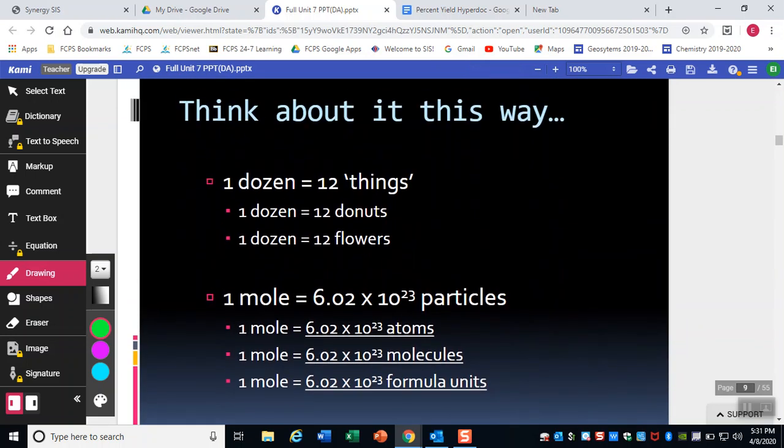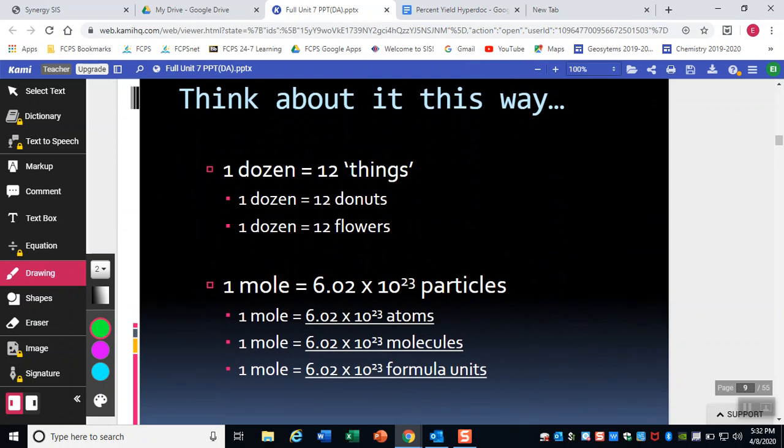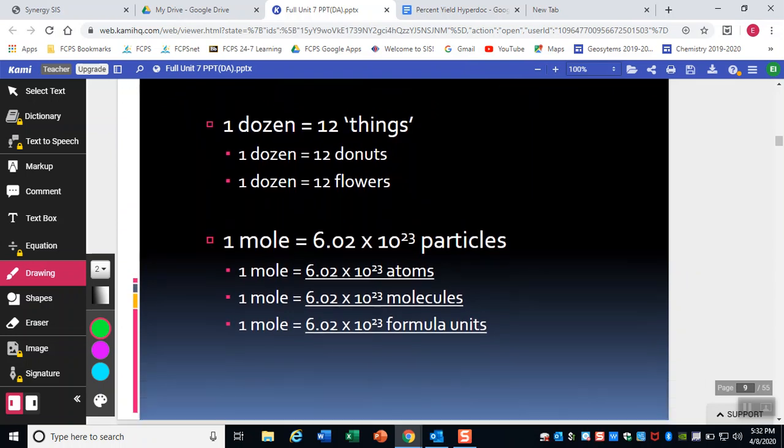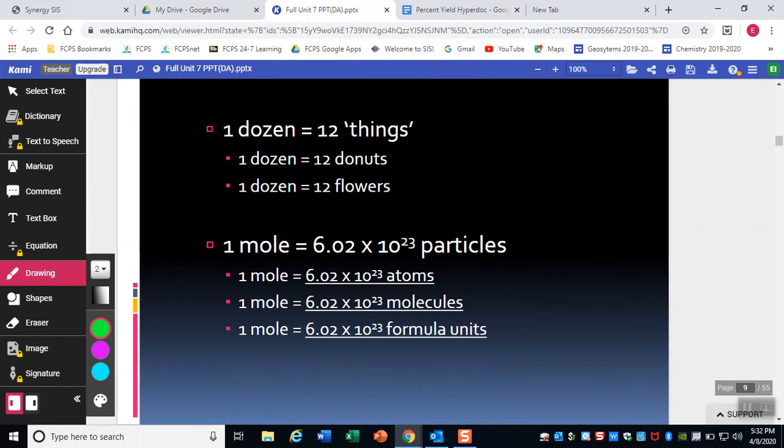So a mole is like a dozen. It means you have a certain amount of things. If you have a dozen, you have 12 things. They could be 12 donuts, 12 flowers, 12 dogs, 12 eggs, all right? A mole is similar to that. If you have a mole, that means you have 6.02 times 10 to the 23 things. In this case, it would be particles, which is similar to atoms, molecules, or formula units.